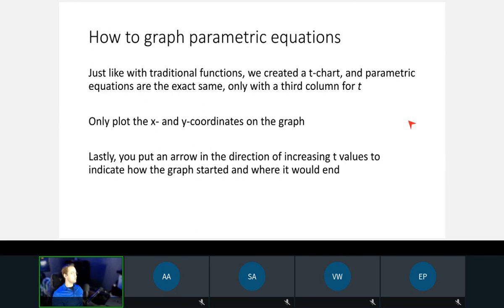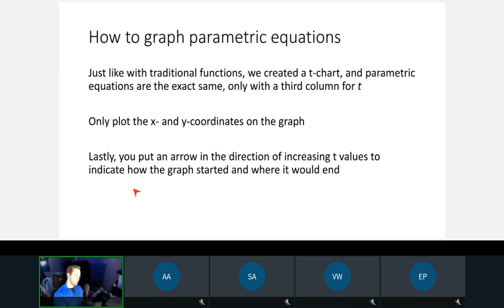All right, so how to graph parametric equations. Just like with traditional functions, we created a t-chart, and parametric equations are the exact same, only with a third column for t. But when you create your t-chart, you are only going to plot the x and y coordinates.